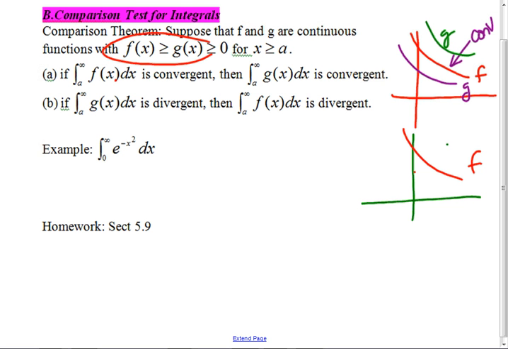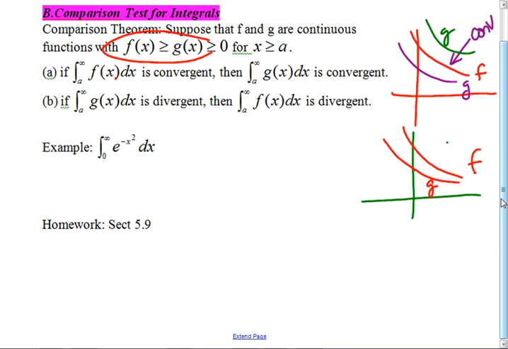Whoops, here's g. F is bigger than g, and if g is divergent, then what would be true about f? Divergent. So all I have to do here is compare this one to something I know.